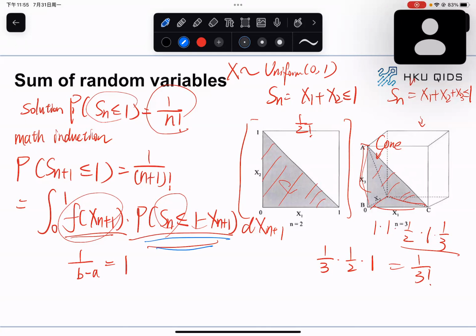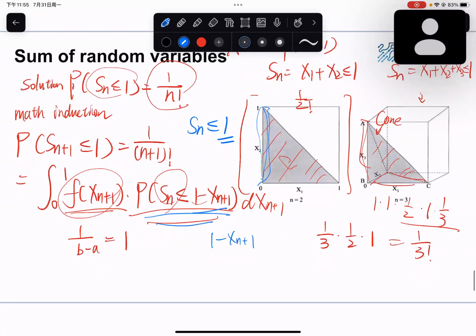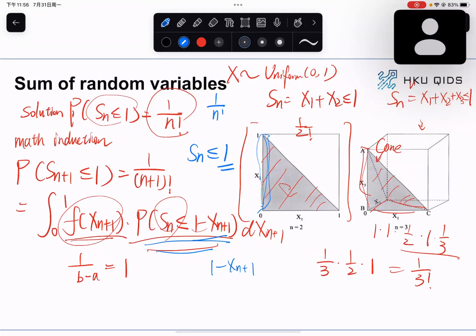For this part, originally we are comparing Sn less than or equal to 1, where 1 is the side length of the square or the cube. We just need to replace the length of this line from 1 to 1 minus xn+1. Which means I can think of 1 over n factorial as 1 to the n over n factorial.